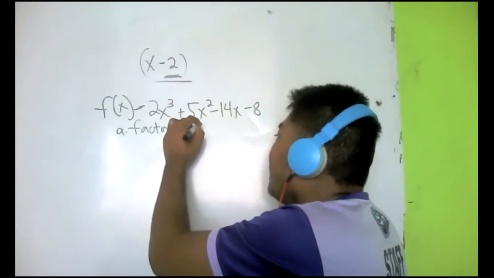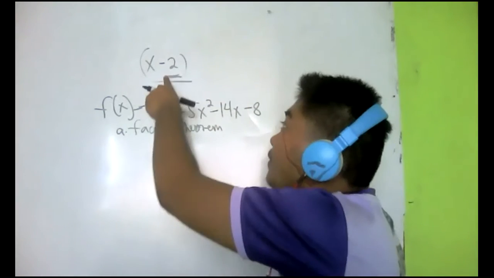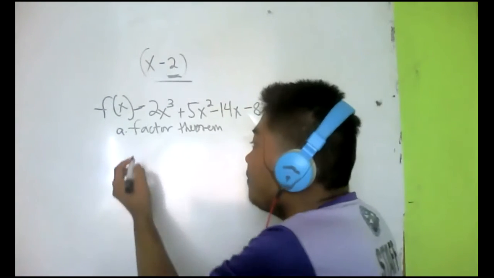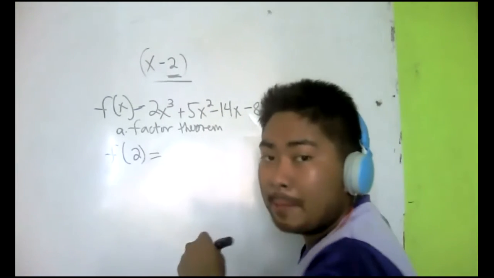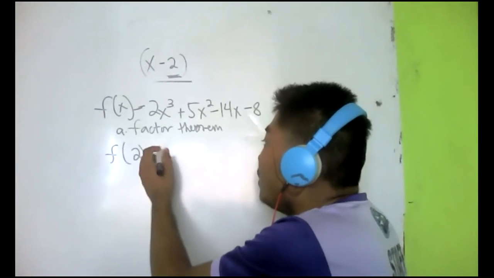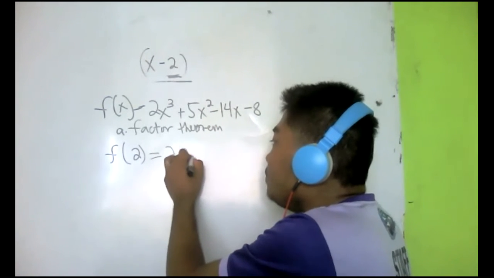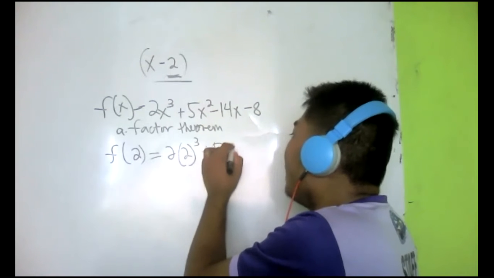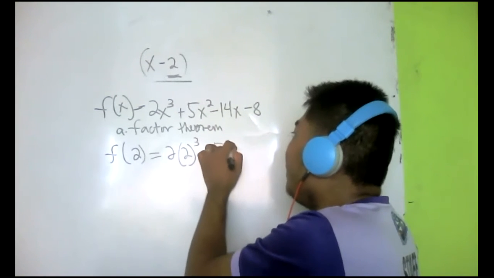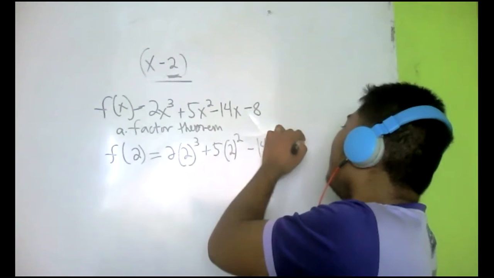Anong gagamitin natin na number? If this is negative, ang gagamitin natin ay positive 2. Nakalimutan nyo na ata. Kapag may positive 2 tayo, lahat ng x, papalitan mo ng positive 2. So this would be 2 cubed plus 5 times 2 squared minus 14 times 2 minus 8.